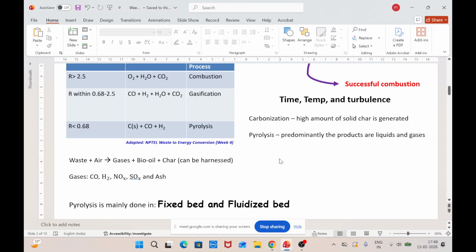By densification, we try to make the biomass waste have more uniform properties, so that when you use it in combustion, gasification or pyrolysis, the efficiency of the process is improved and you get more energy from the process, unlike when you have a non-uniform feedstock.